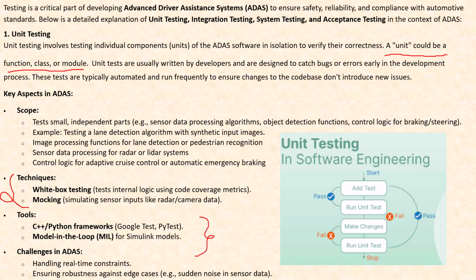Model in loop is also categorized as unit testing, because sometimes in model in loop you test a very small aspect of the model. So that also can be categorized into unit testing. And what are the main challenges when it comes to ADAS? Handling real-time constraints and ensuring robustness against edge cases. All these are the major challenges in ADAS.